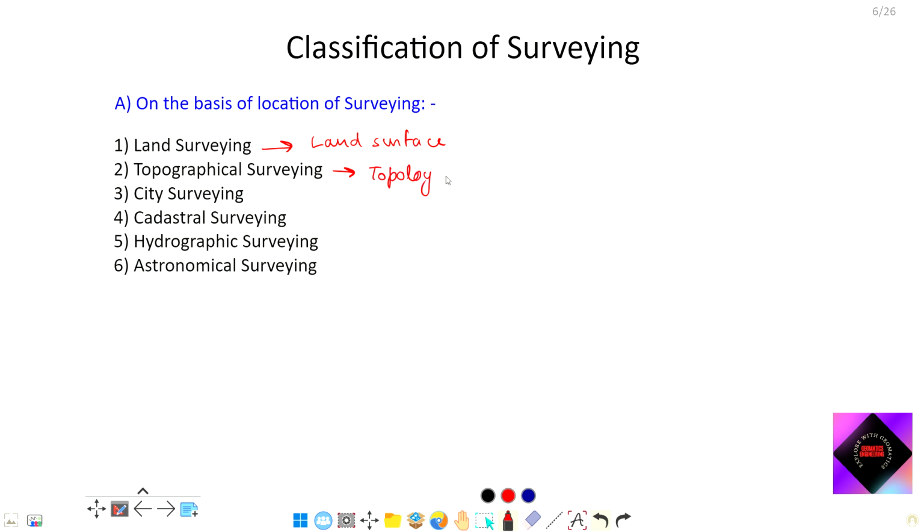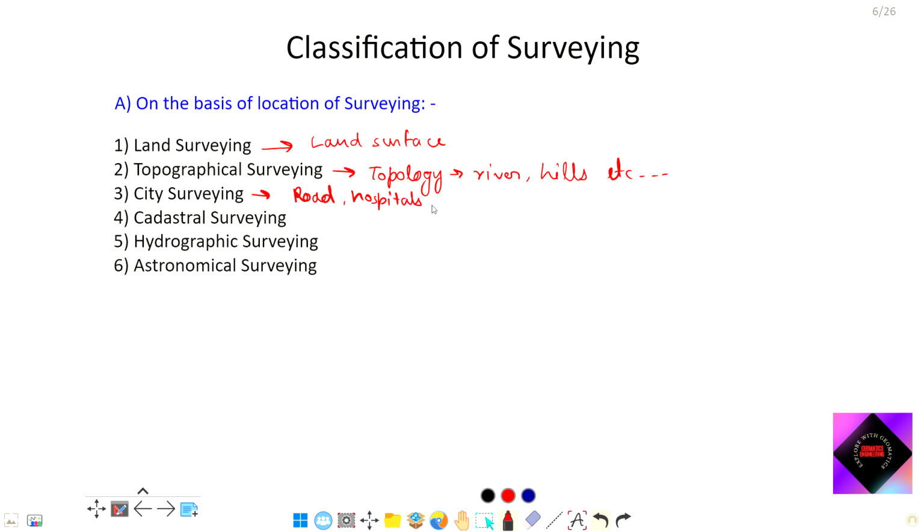Topology means features like rivers and hills, and the surveying dealing with these things comes under topographical survey. City survey, as the name suggests, is surveying within a city, for example, for the making of roads or hospitals.